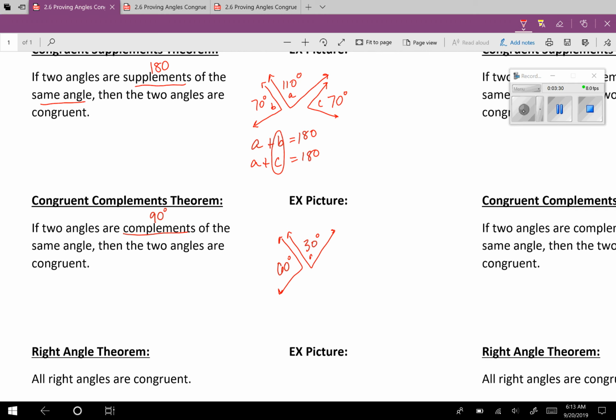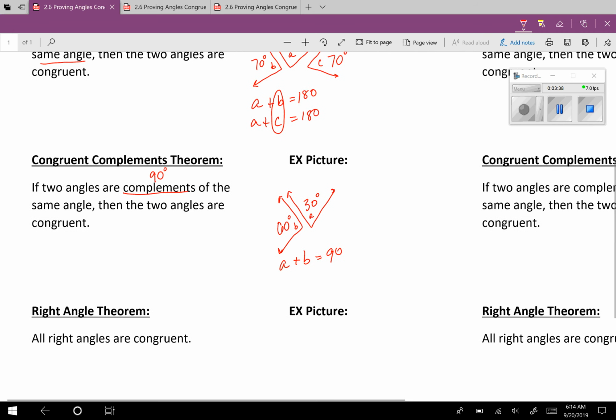So this is angle A, and this is angle B. If angle A plus angle B equals 90, and angle A plus angle C also equals 90, then angle B and angle C are equal to each other, so in this case angle C would also be 60.